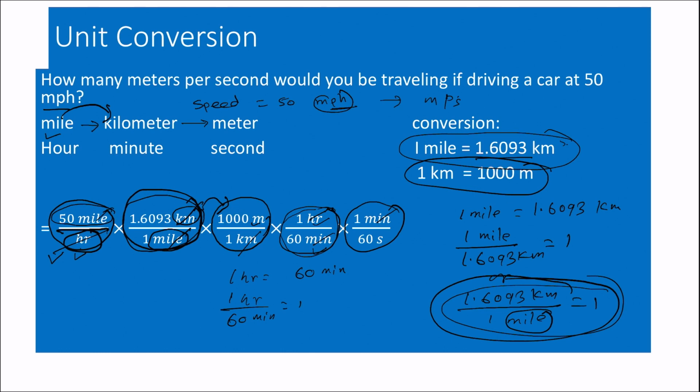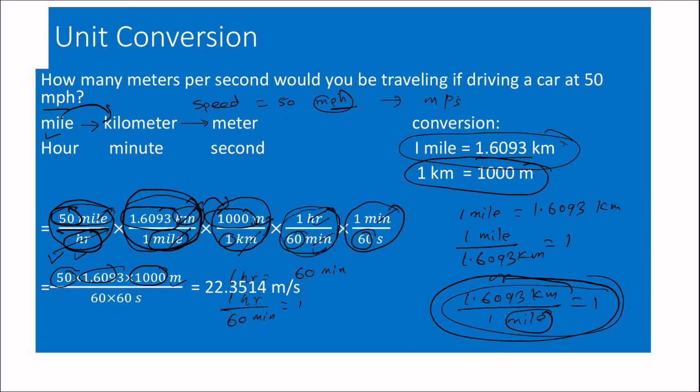So the only things left are 50, 1.6093 multiplied with 1000, and meter is here also, and on the bottom you have 60, you have 1 and 1. If you multiply with 1, it gives 1, so it does not matter. So second is also here.